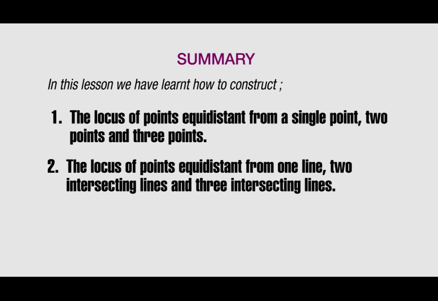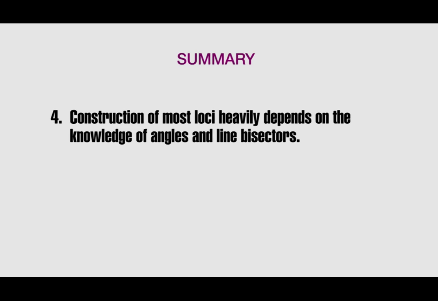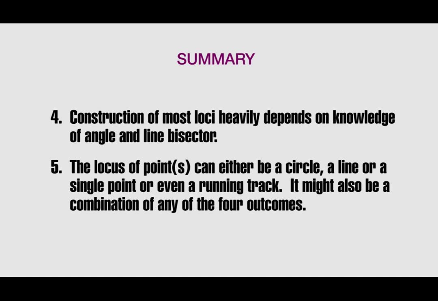Aside these, we learned how to construct a perpendicular from an external point to a line. Construction of most loci heavily depends on the knowledge of angles and line bisectors. The locus of points can either be a circle, a line, or a single point, and as we saw in one case, even a running track. It might also be the combination of any of the 4 outcomes.